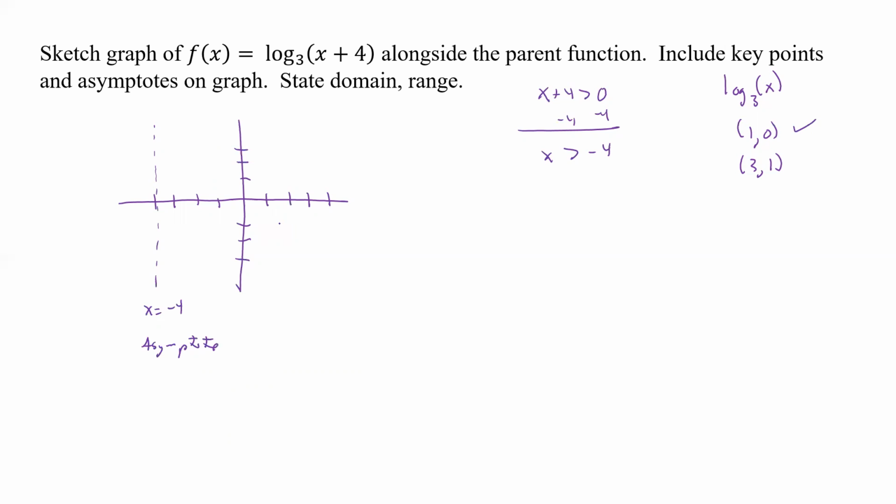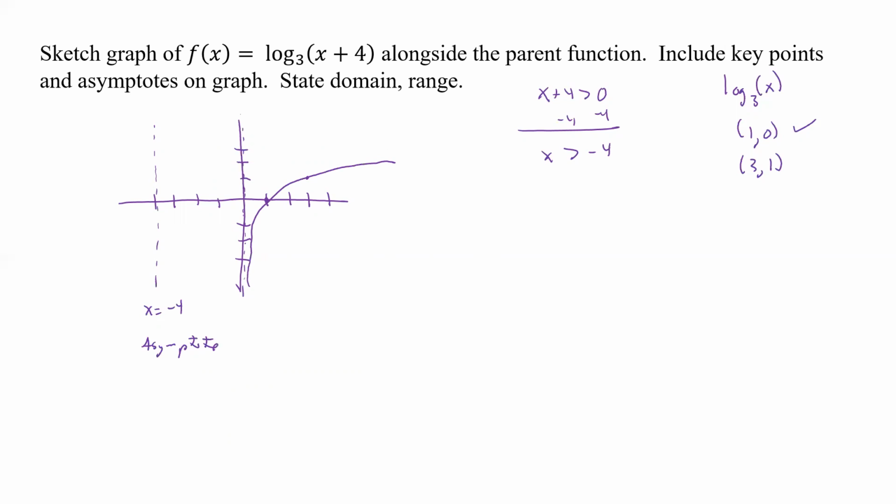B is 3, and so if we plug those in, 1, 0 and 3, 1, this was going to be our original graph. So we would come up here and we'd have something like that. So that's our parent function, okay?